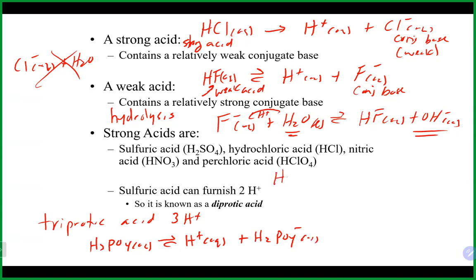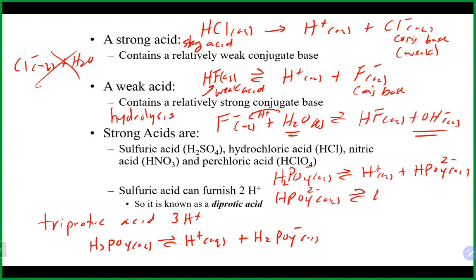H2PO4 minus will give off an H plus and HPO4 2 minus. And lastly, HPO4 2 minus will lose the 3rd hydrogen and make phosphate there.